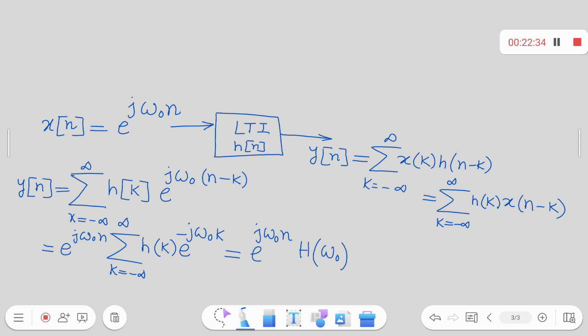Last day we represented the signal as the weighted summation of delta functions, and this time we have observed the signal as a single e to the power j omega naught. That is known to be the eigenfunction for the system under consideration. Right?